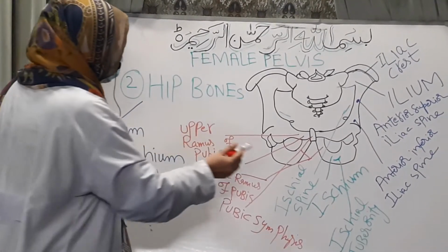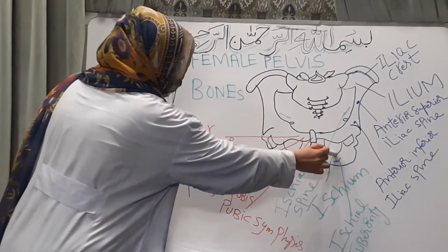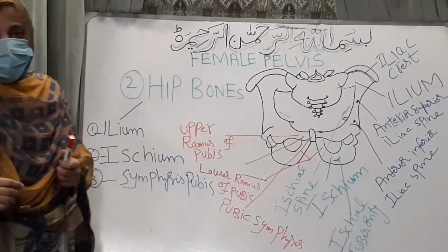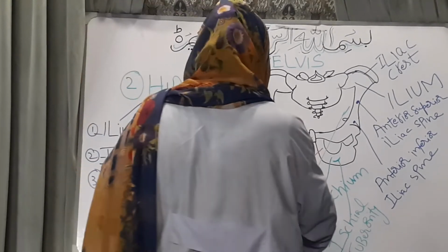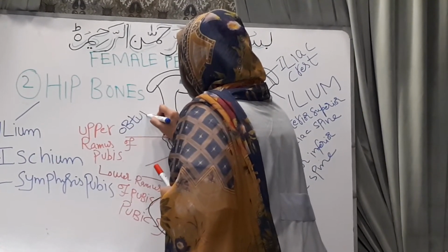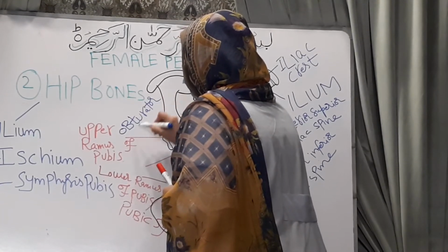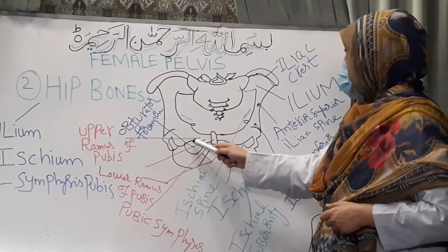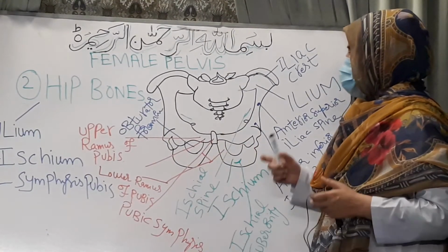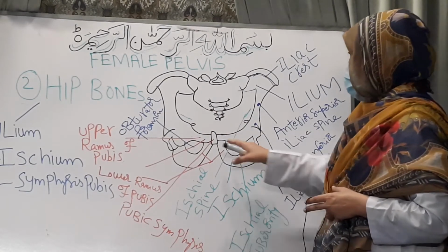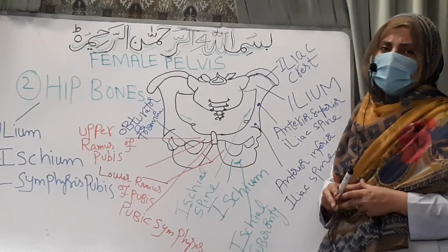Now come towards this round portion. There is a round circle-like portion like this. It is known as obturator foramen. Now look at the boundaries of the obturator foramen.